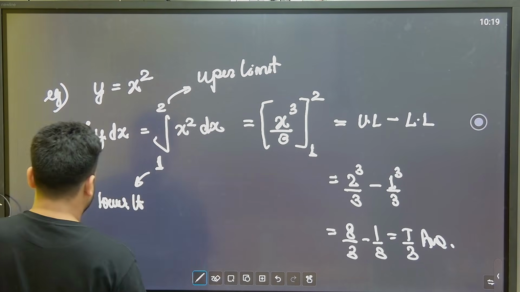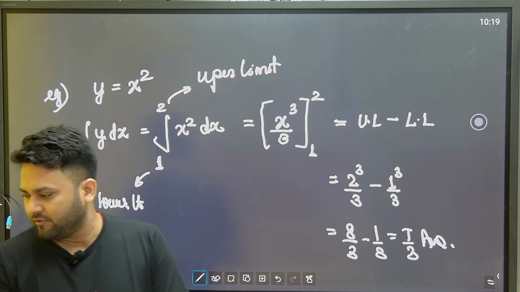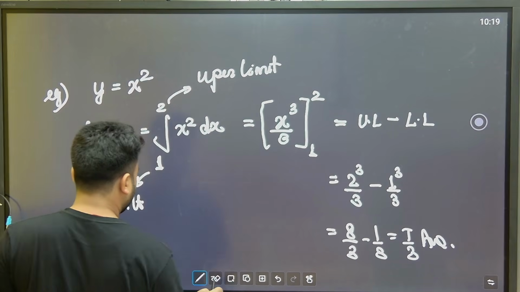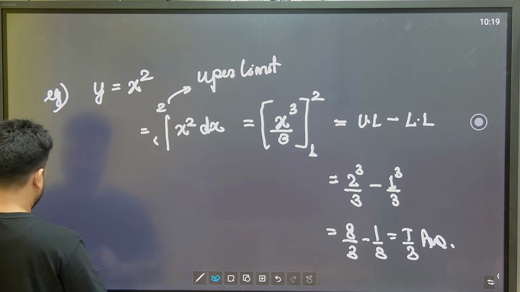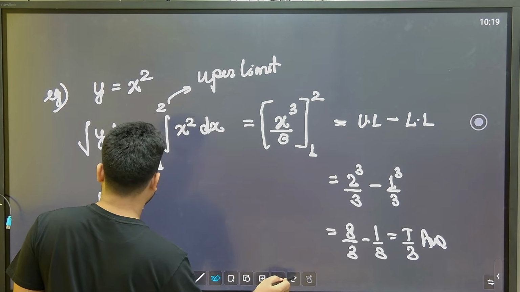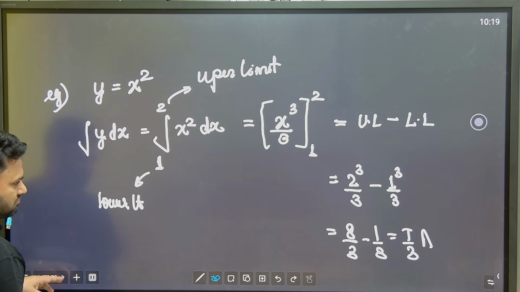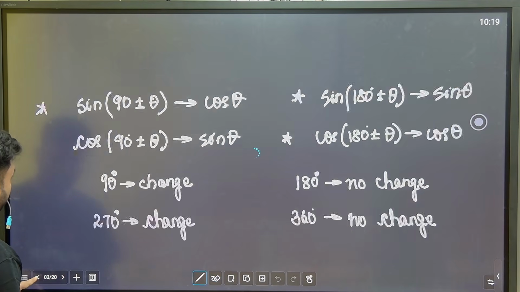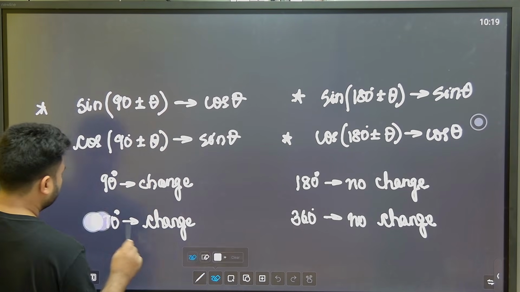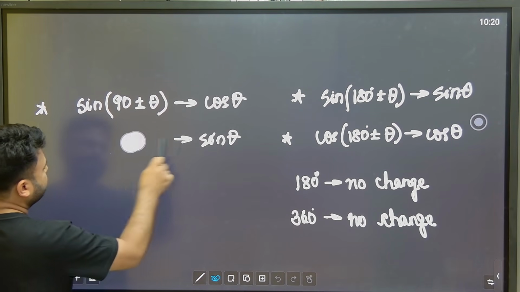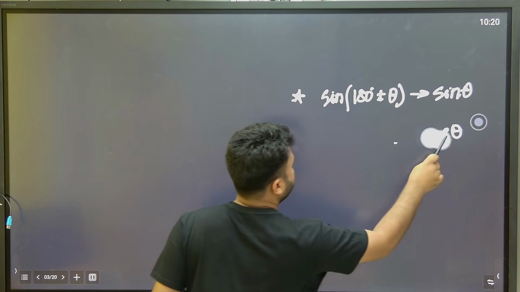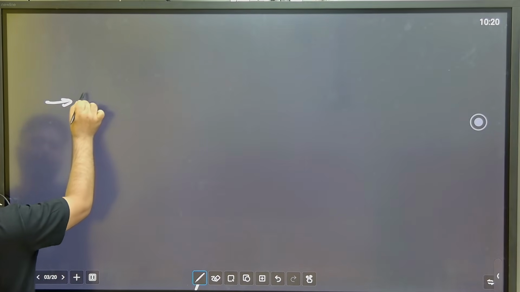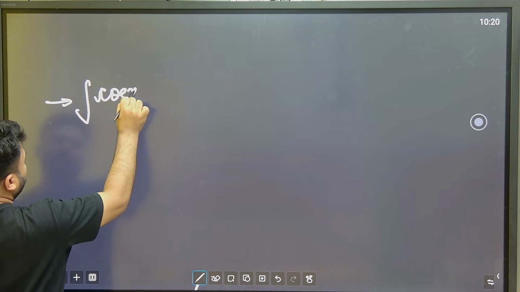I can take one more, last final example. Suppose they give integration of cos x dx.